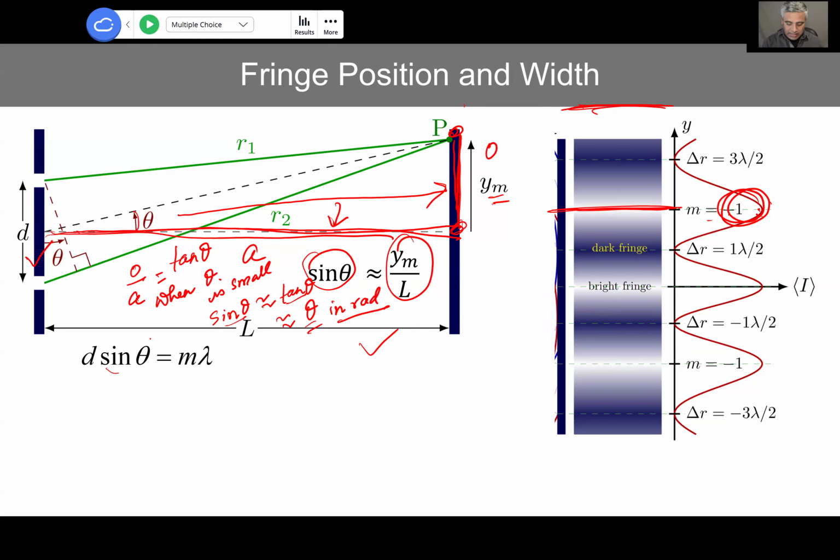Because our equation has sine theta in it, and I want to replace this sine theta with this so that I can relate this with the wavelength. So I replace sine theta by y_m over L. When I do that, now we can clearly see how changing one is going to change the other things, and so on.